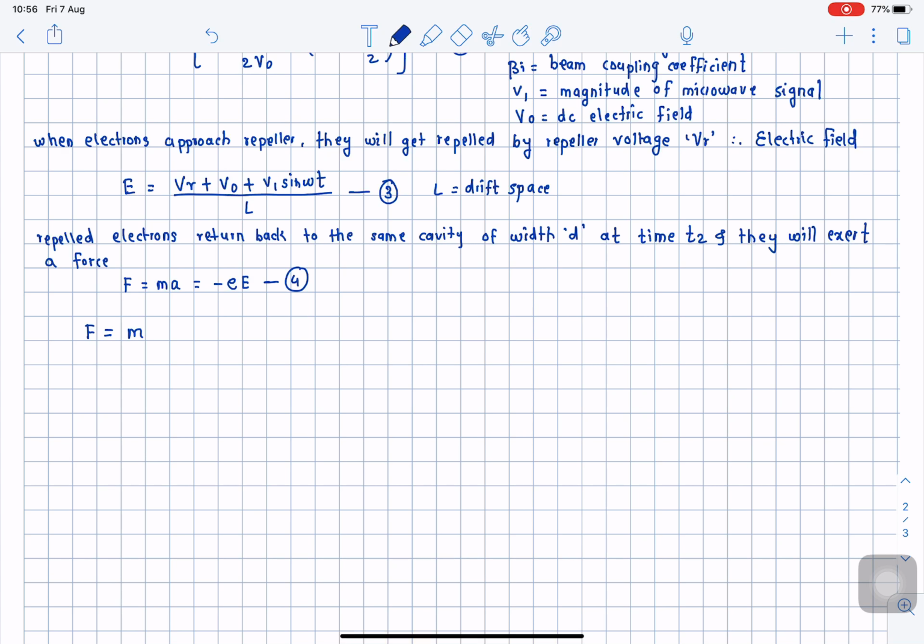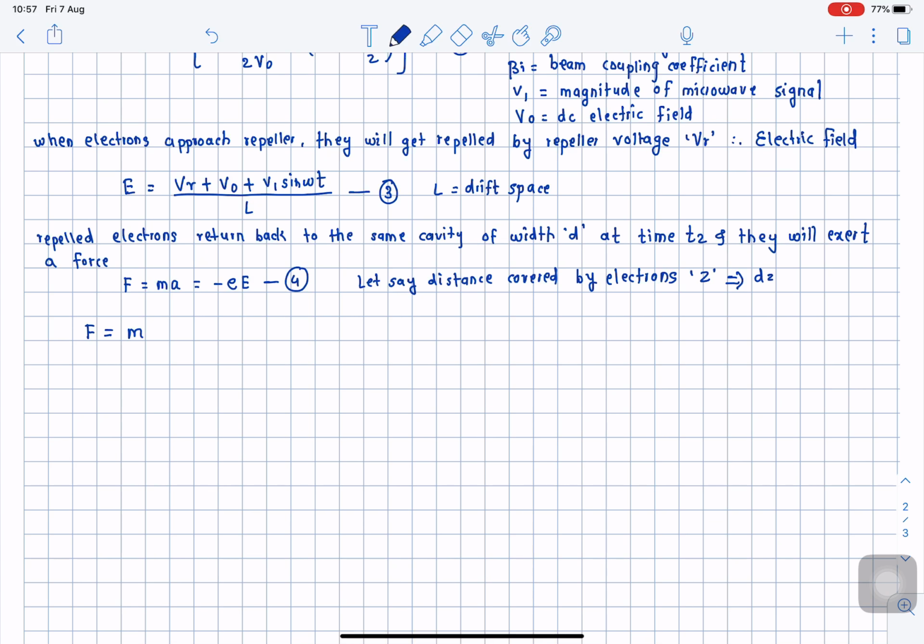We know acceleration is the derivative of the velocity, and the velocity is again the derivative of the distance. So here let's say the distance covered by electrons is, say, small z.